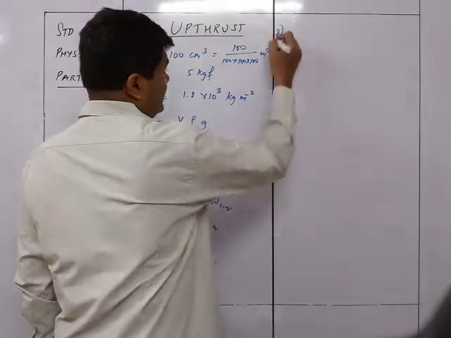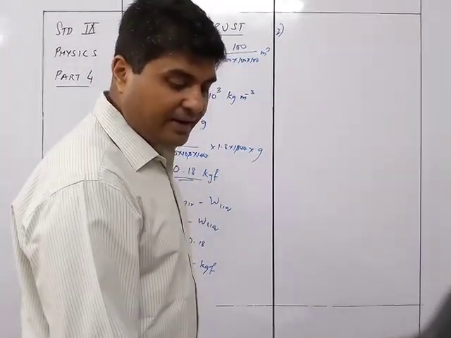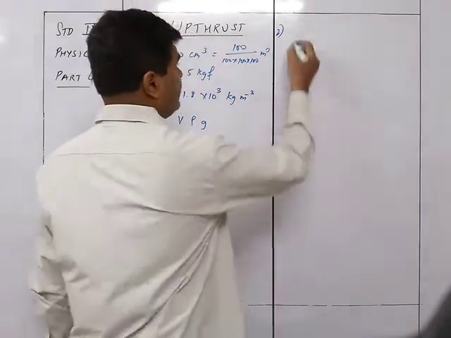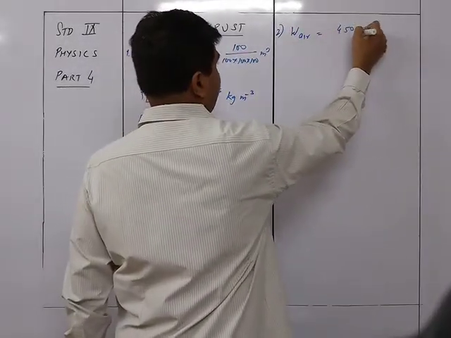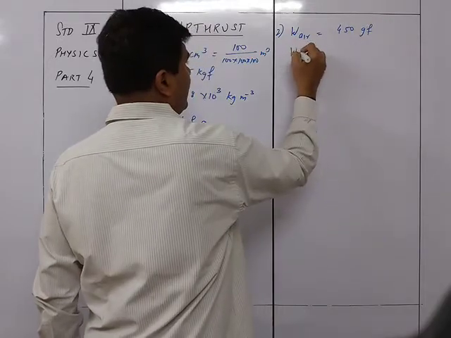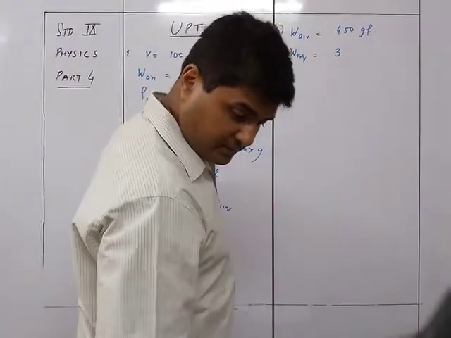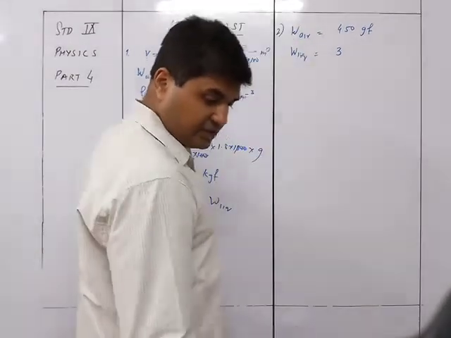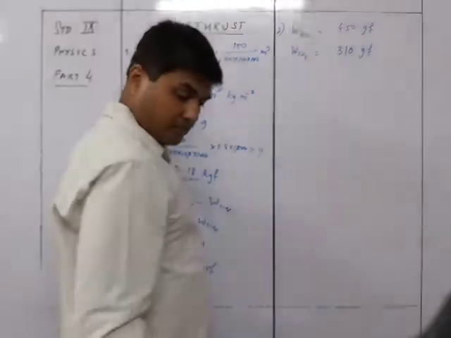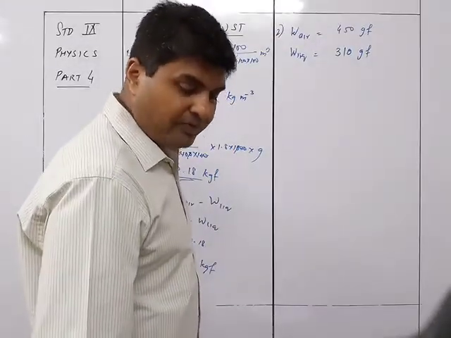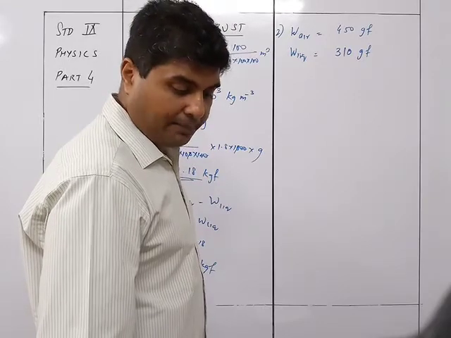You go on to the second sum, that is a body weighs 450 grams in air and 310 grams when immersed in water. So we have that weight in air is equal to 450 gf and weight in liquid is equal to 310 gf. You need to find out the volume of the body, the loss in weight of the body, and the upthrust.